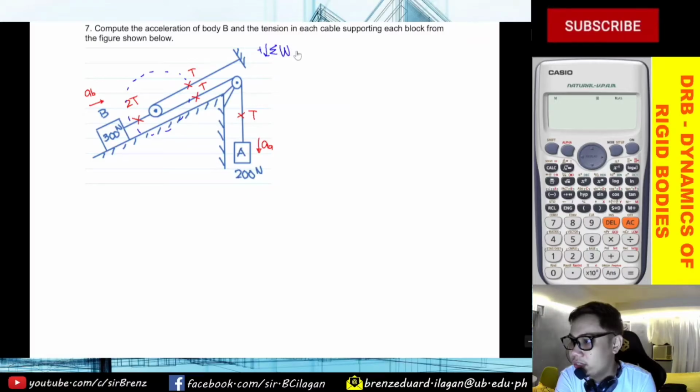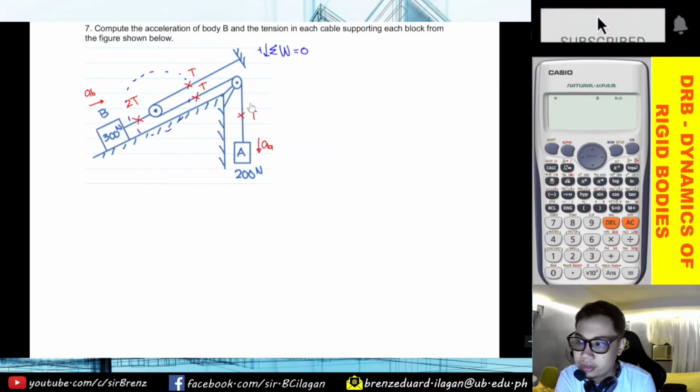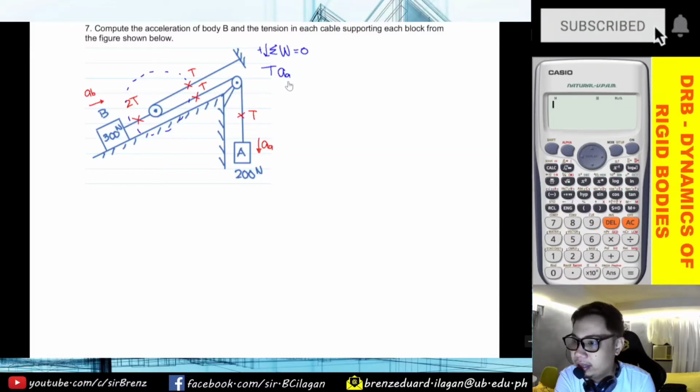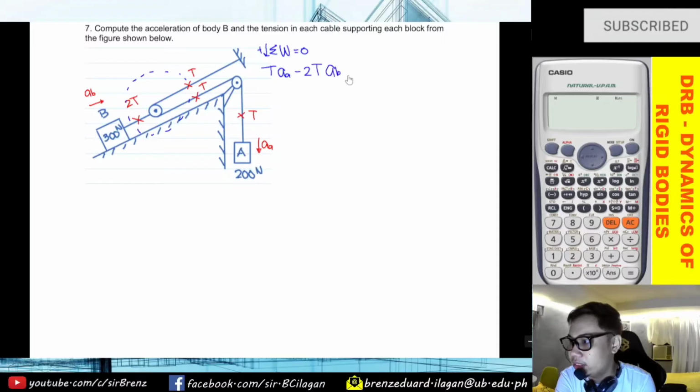When we take summation of work equals to 0, that is force times distance, or force times velocity, or force times acceleration. So that can be written as T multiplied by a sub A. Positive yan since pareho silang papunta sa baba. And then eto, since yung component niya is going upward, that will be minus 2T multiplied by a sub B is equals to 0.